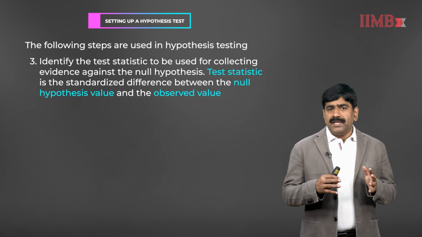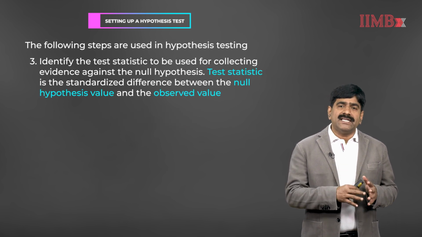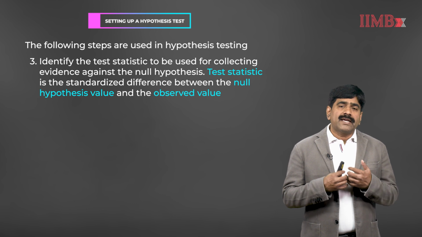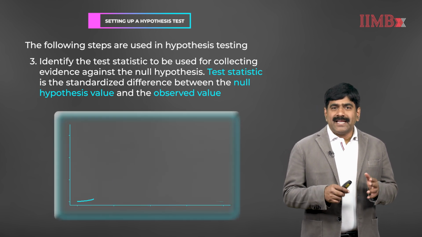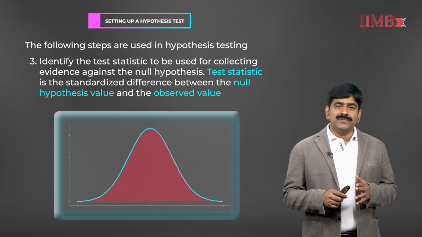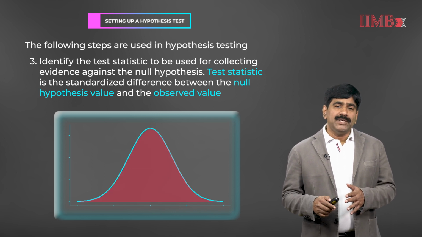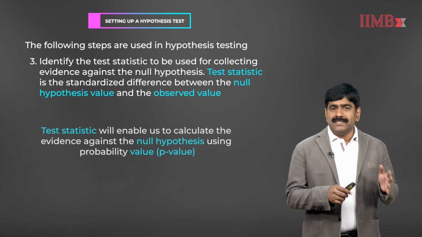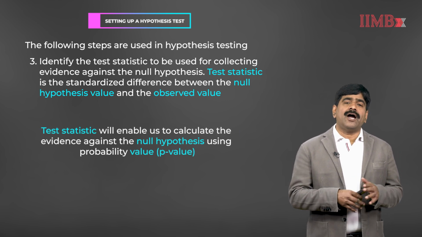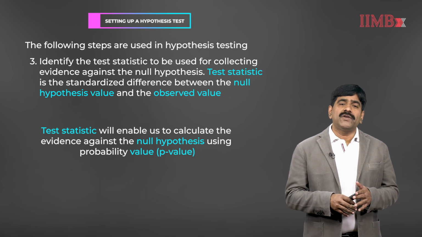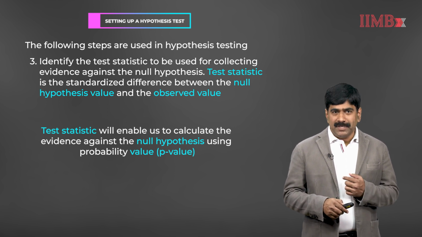The third step is to identify the test statistic to be used for collecting evidence against null hypothesis. Test statistic is a standardized difference between the null hypothesis value and the observed value. Test statistic will enable us to calculate the evidence against the null hypothesis using probability value, in short known as p-value.